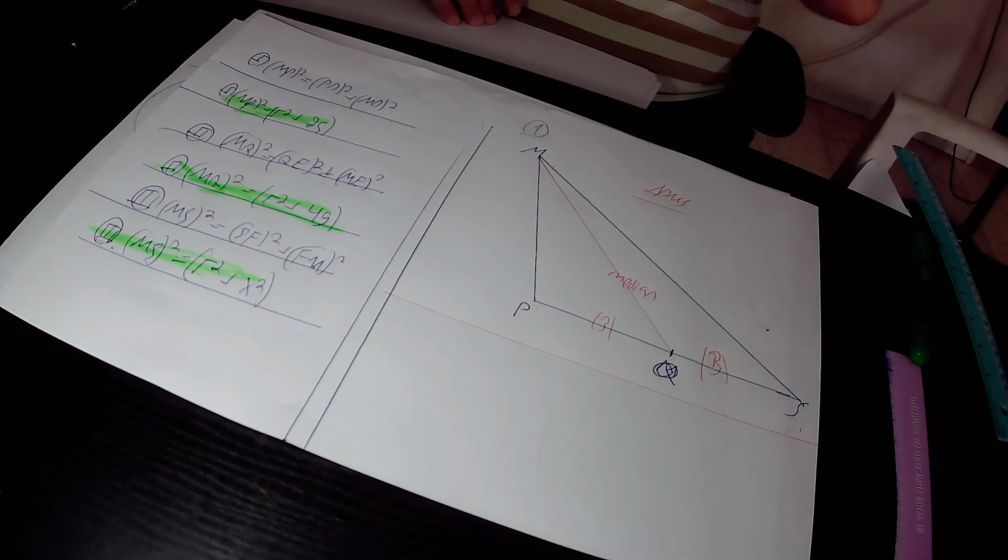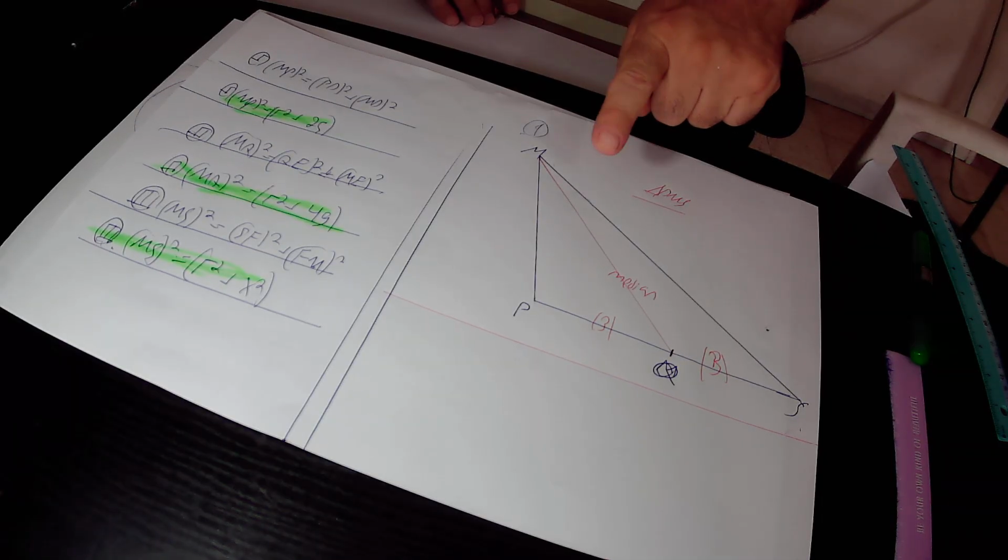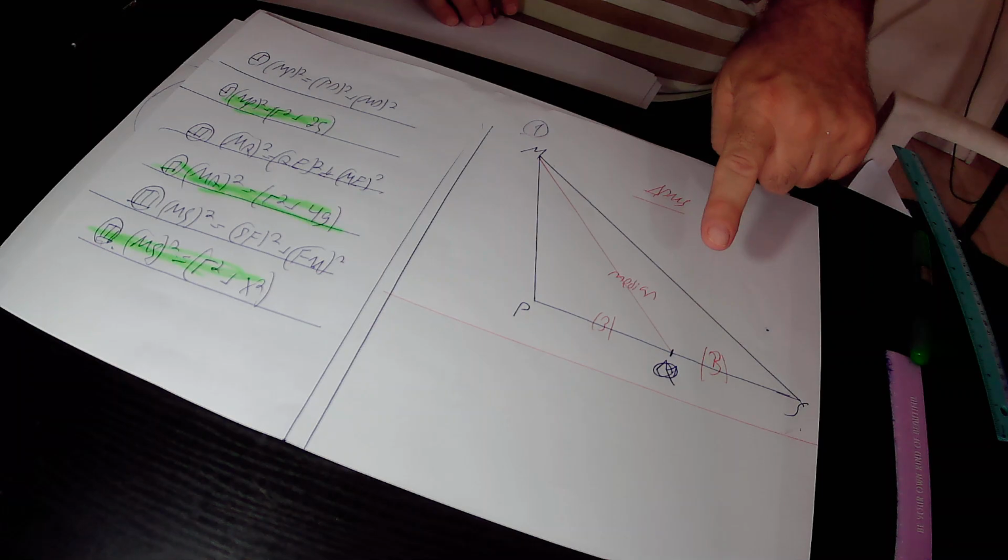A median is a line segment in a triangle that connects the vertex to the midpoint of the opposite side. In this triangle PMS, the median MQ connects the vertex M to the midpoint of PS, that is point Q.